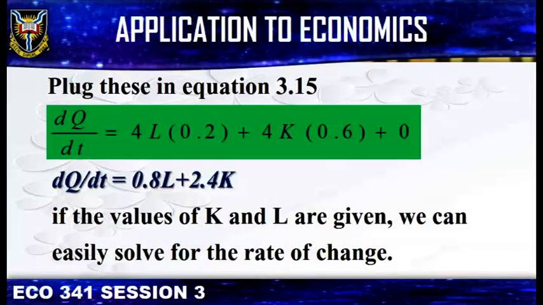Plug this into equation 3.15. dQ dT is equal to 4L times 0.2 plus 4K times 0.6 plus 0. dQ dT is equal to 0.8L plus 2.4K. If the values of K and L are given, we can easily solve for the rate of change.